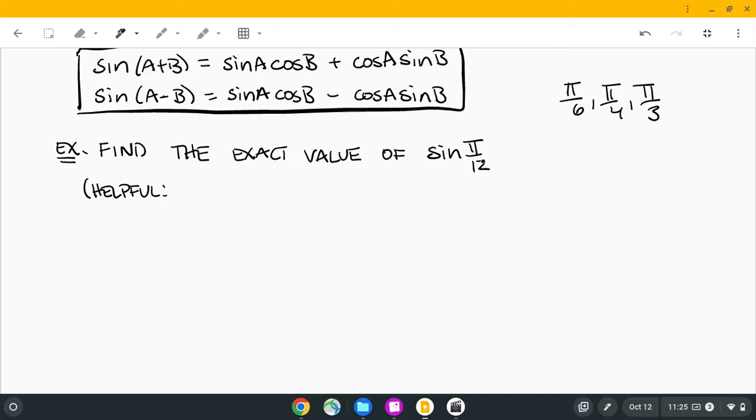And this is supposed to be the sum or difference of two of these angles that we have memorized. And so instead of writing them in terms of sixths, fourths, and thirds, I'm going to write them in terms of the LCD, which is 12.